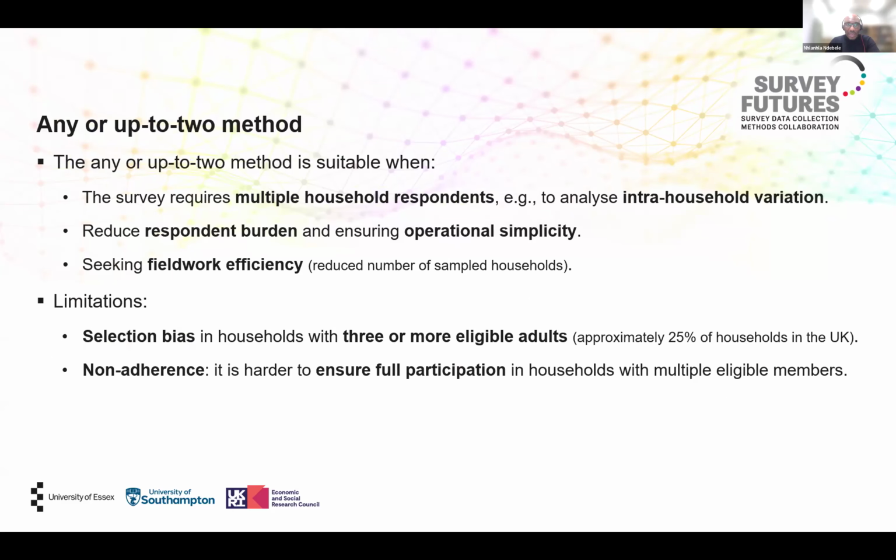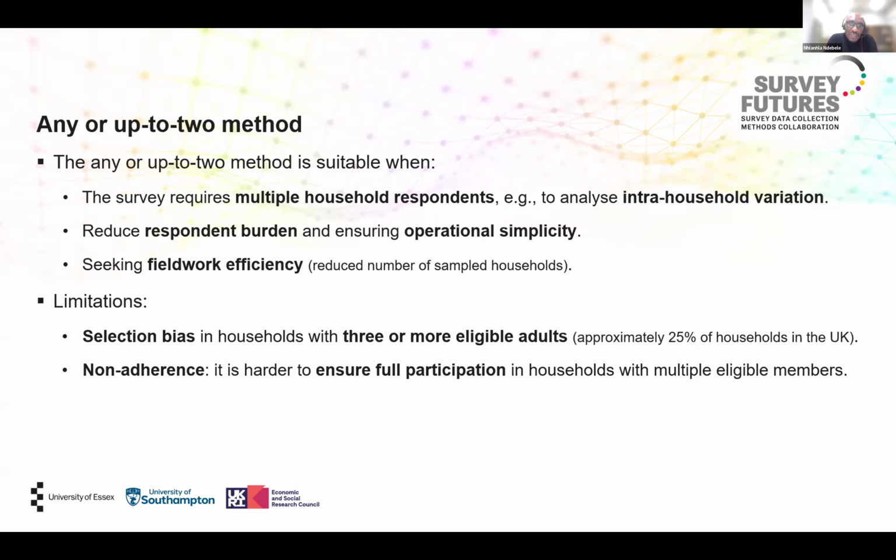Moving on to the up to 2 method. Now, this is suitable when the aim of the survey is to get responses from multiple respondents from a household. This might be to analyze intra-household variation, which might be of interest for some surveys.